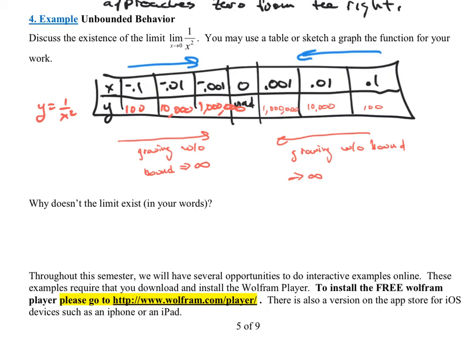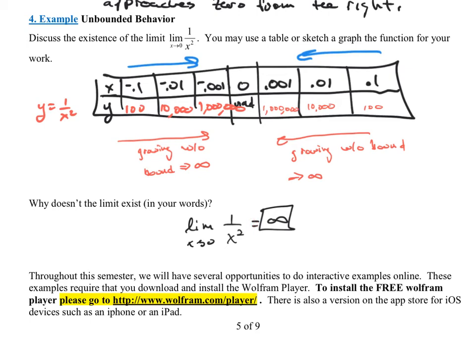It kind of does. You kind of want to say the limit equals infinity, but let's think about this. Would I say the limit as x approaches 0 of 1 over x squared equals infinity? Well, yeah, I can say that. A lot of textbooks would actually allow that, but that's technically not correct, because could you ever actually equal the number infinity?